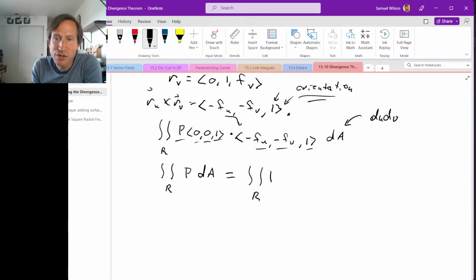Remember, p is a function of x, y, and z, and so we need to plug in our parameterization. So this is the integral of p evaluated at (u, v, f of uv), dA. All right, so that is the integral over S3.